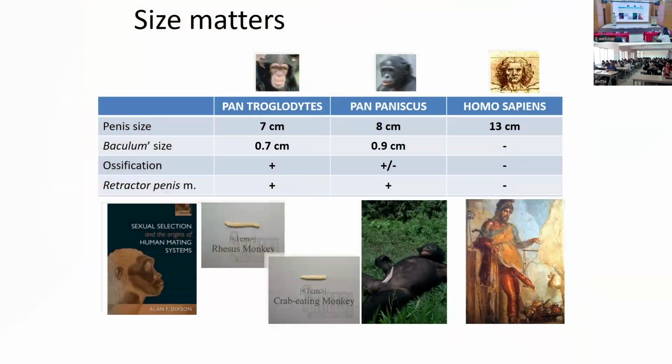Again, this is the chimpanzee, the bonobo, and the Homo sapiens. This is the penis size, and both the monkeys do have the bone. It is a little one, but useful, because the erection is moved by muscles controlled by the brain. Very, very useful. We do not have any bone, I'm afraid.